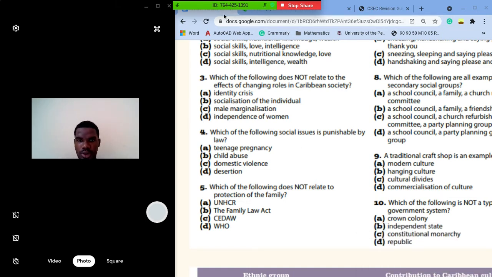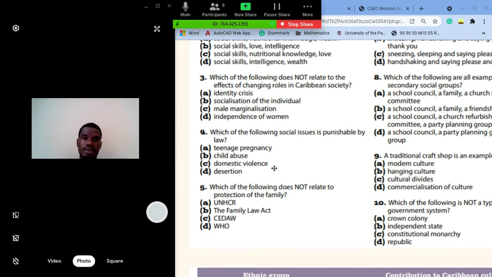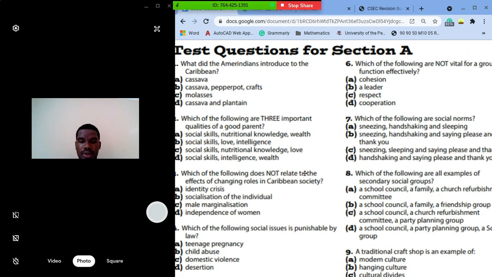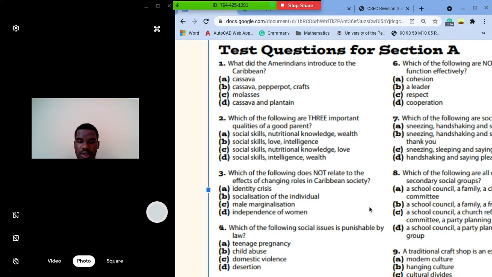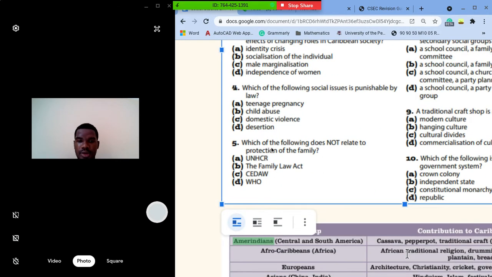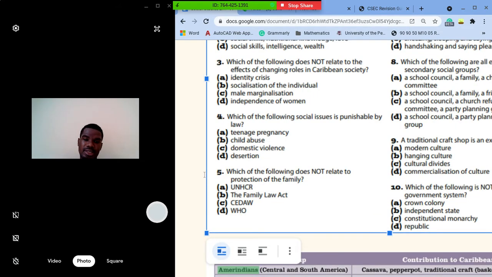Okay, good. Now, the 5th one says, which of the following does not relate to the protection of the family? We have UNHCR, the Family Law Act, CEDAW, and WHO.